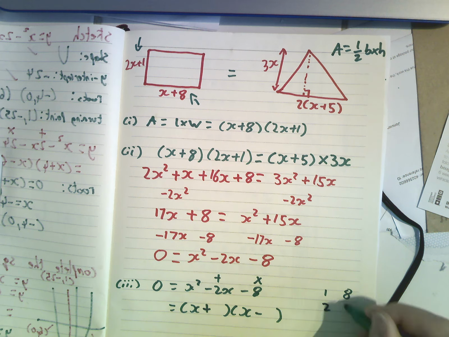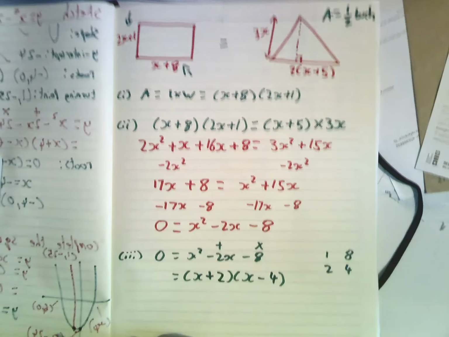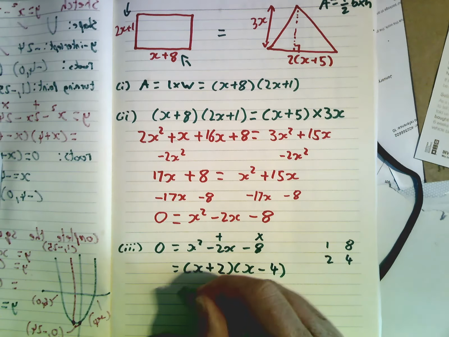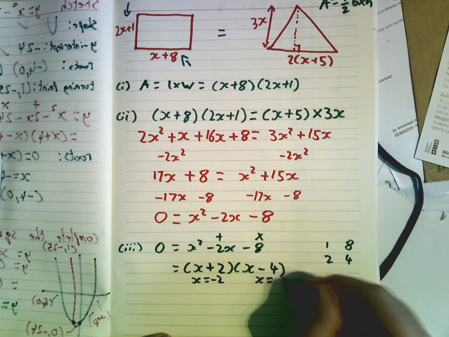We can do 2 and 4. 2 times 4 is 8. 2 take away 4 would be minus 2. So this looks like what we want to do. We want positive 2 and negative 4. So what that implies is that x equals minus 2 or x equals 4.